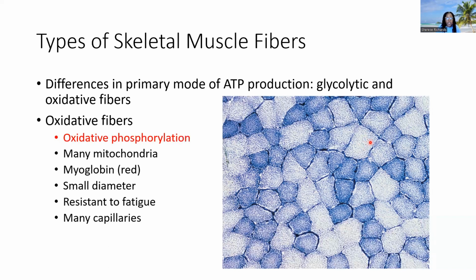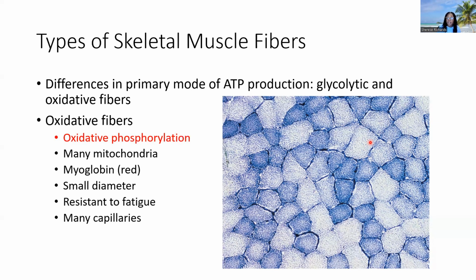Let's turn our attention to the oxidative fibers. These are going to have lots of mitochondria, right? They need a lot of mitochondria in order to generate ATP by way of oxidative phosphorylation. They're going to have a lot of myoglobin. Myoglobin is the protein in our muscle where we have the storage of oxygen.